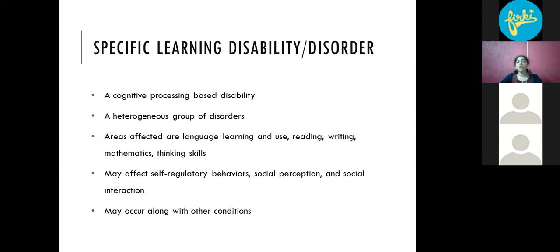When we again talk of this heterogeneity, we find that different areas are affected. It can be language learning and how to use this language. It is acquisition of the reading skills. It is acquisition of the writing skills. It is the ability to do math. It is also to do with thinking. Now, of course, learning is not restricted only to these apparently cognitive and academic areas. It also has to do with learning how to regulate one's behavior.